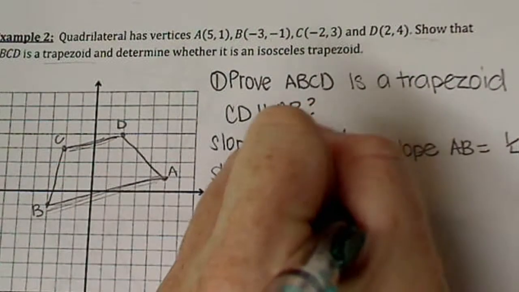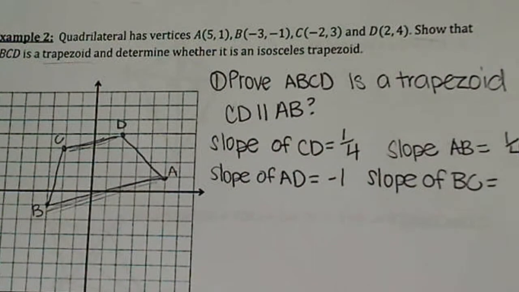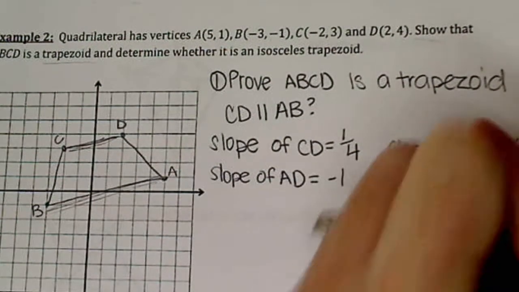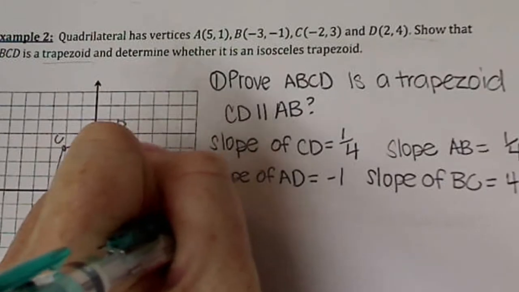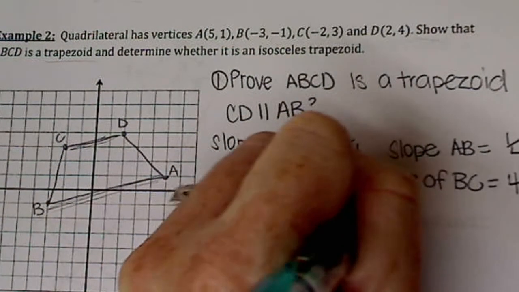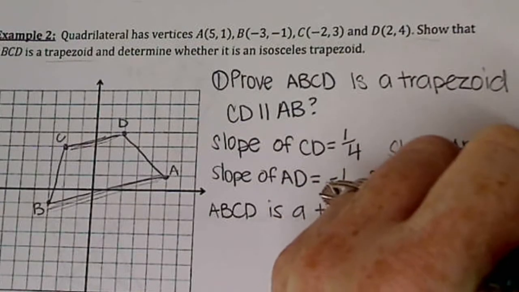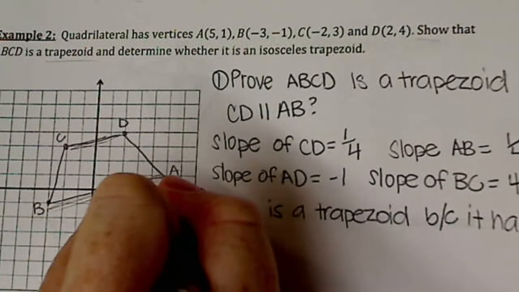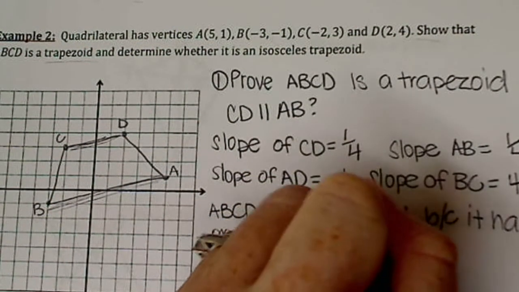Slope of BC, yes, 4/1, which is 4. So you can see right here from our math, it has one pair of parallel lines. So ABCD is a trapezoid because it has one pair of parallel lines.